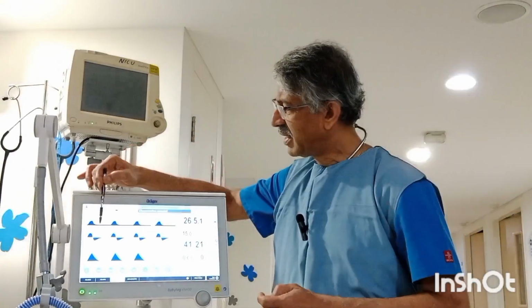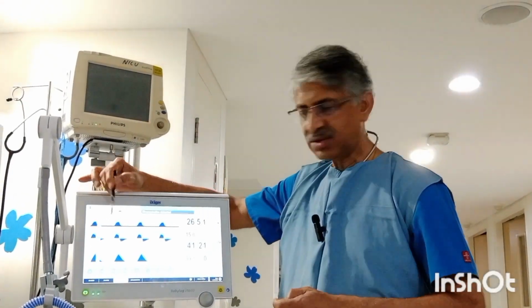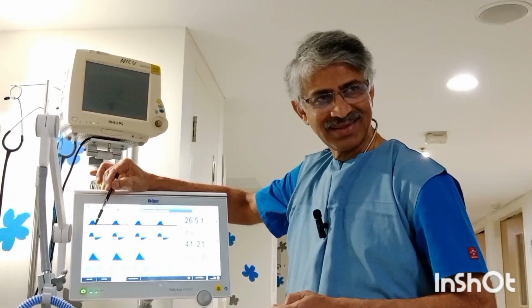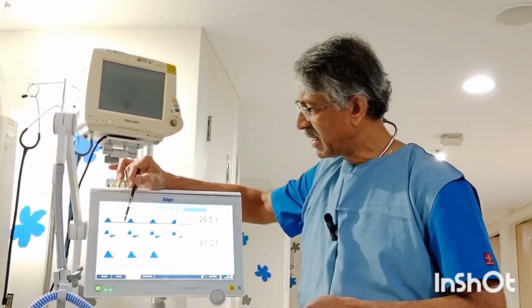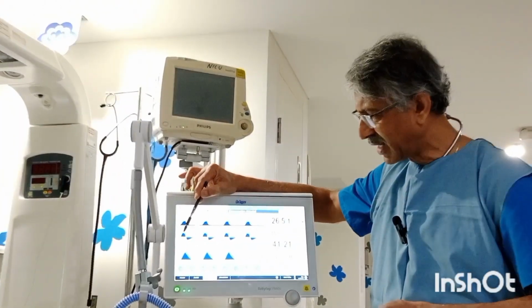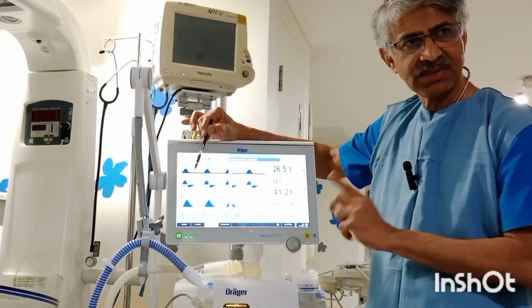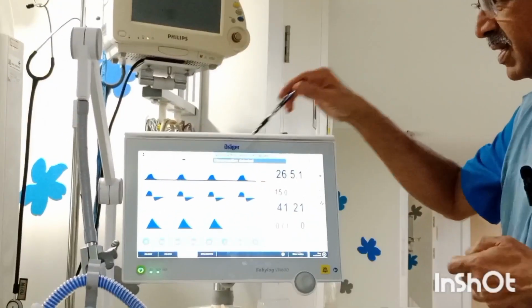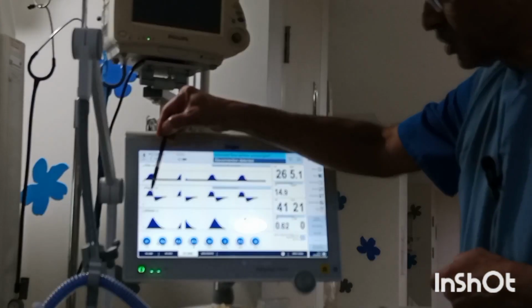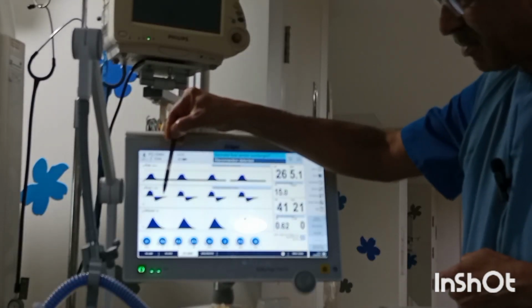Even if you look at this flow time curve, it has a peak point. So, there is a peak inspiratory flow and then you get expiratory flow also. I told you how the inspiratory flow and expiratory flow are formed, and I also explained what the I time and the E time are here.